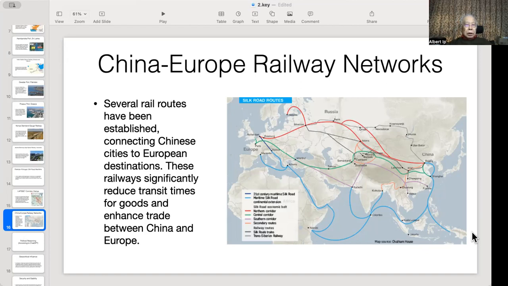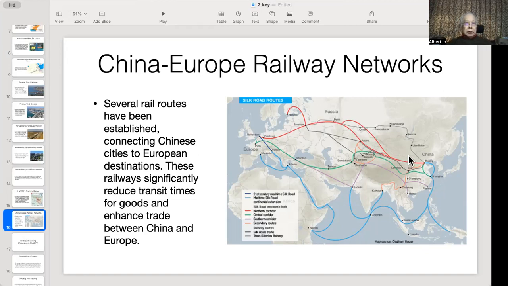But if we change it onto a train, not at high speed, just a normal train running at about 200 kilometers per hour, passing through Kazakhstan, and then some of the East European countries, and then into Russia, and then coming out again, and then reaching the ports in, say, Amsterdam, or going to Germany.